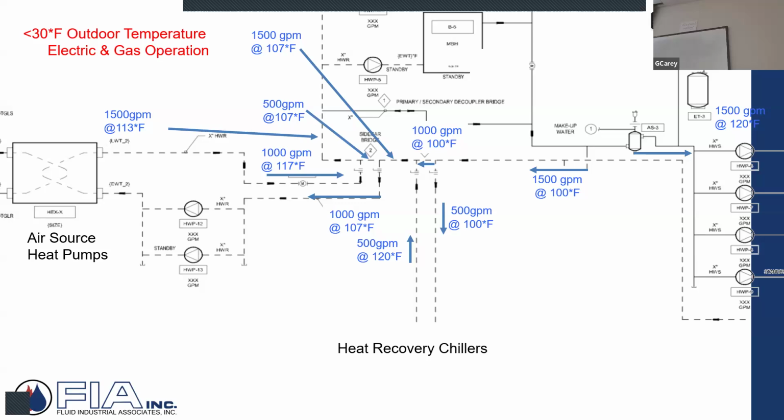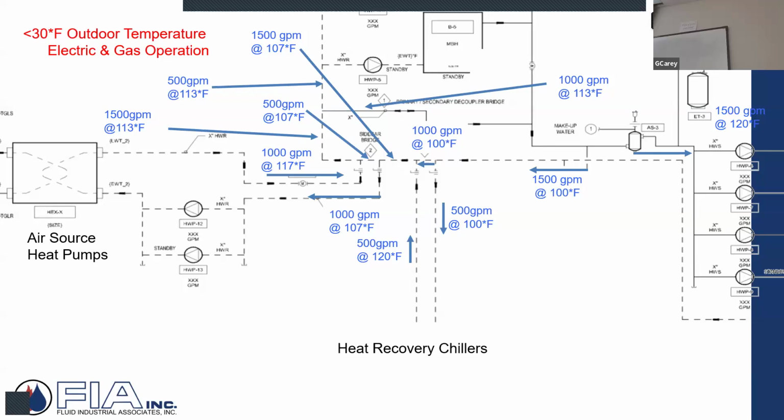So maybe now I need some help from the boiler plant, but I don't need the whole boiler plant. I just need enough energy to take my 113 and bump it up. So I'm providing 120. So now maybe I have 1,000 gallons a minute going across the decoupler, and I have 500 gallons a minute going to this first.